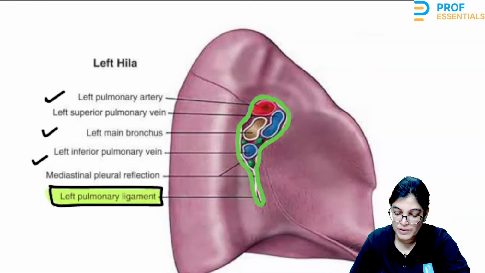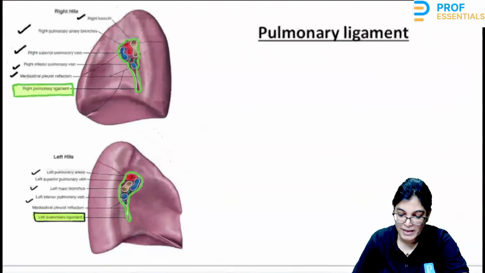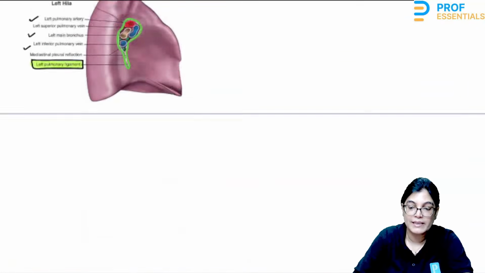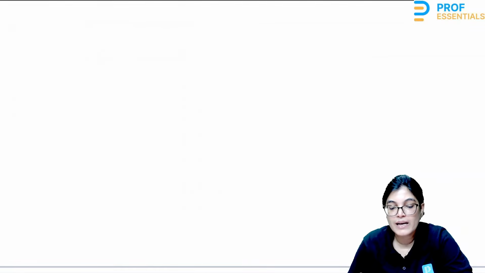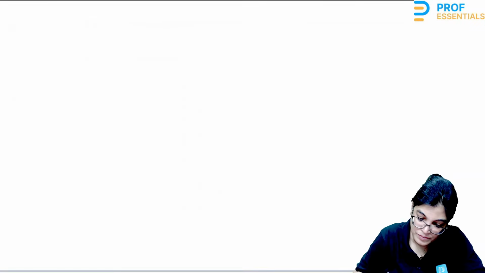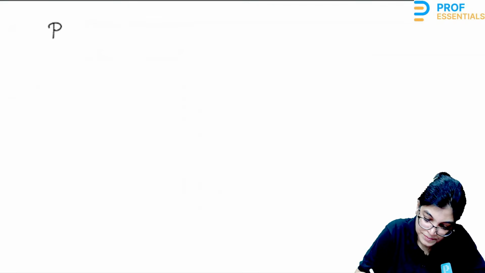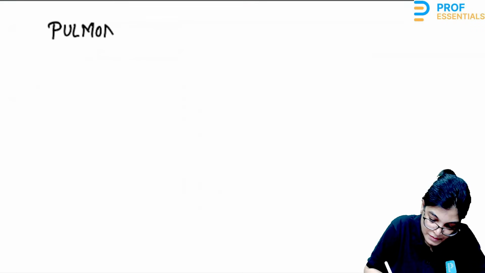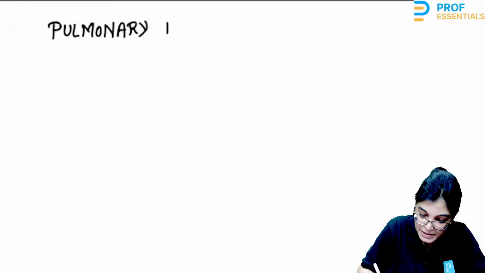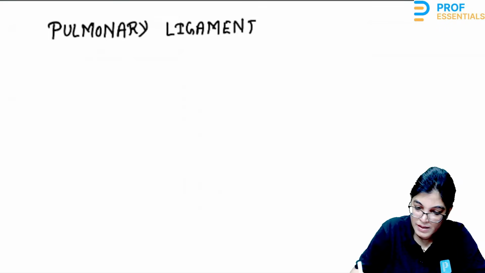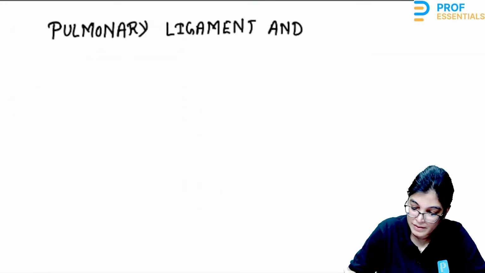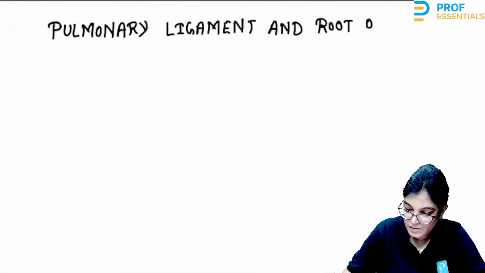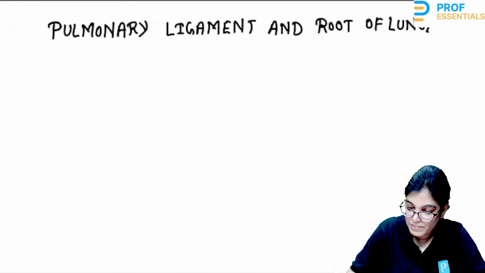Now we can also make a diagram for it. We have seen the pulmonary ligament attachments, and I just want you to make a diagram showing the pulmonary ligament and root of lung.